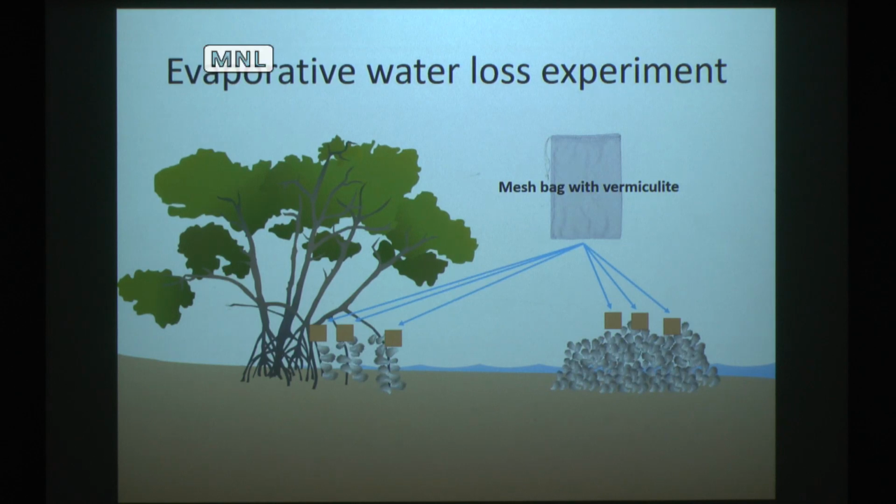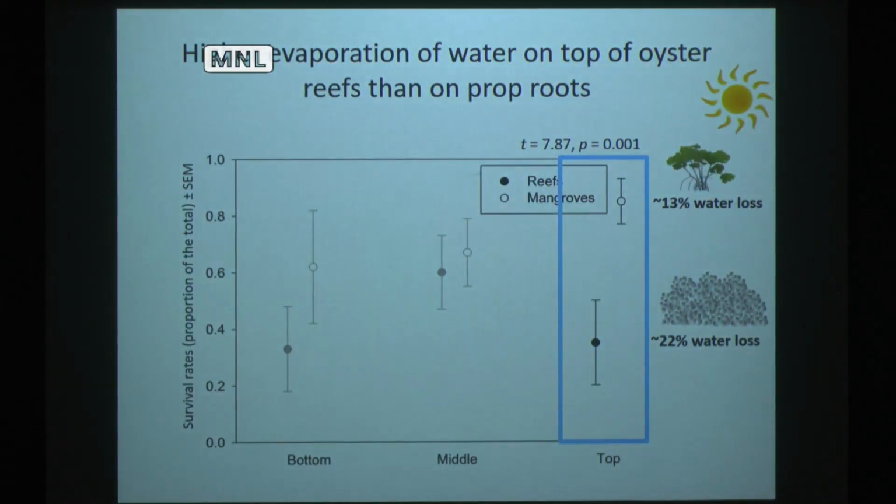So I filled all these vermiculite bags with a constant weight, submerged them, weighed them, and deployed them on top of the prop roots as well as on the reefs for 2 hours during low tide. And then I collected them again and reweighed them, and the difference in weight told me the evaporation of water. And indeed, there was a higher evaporation of water occurring at the top of oyster reefs compared to under the mangrove canopy.